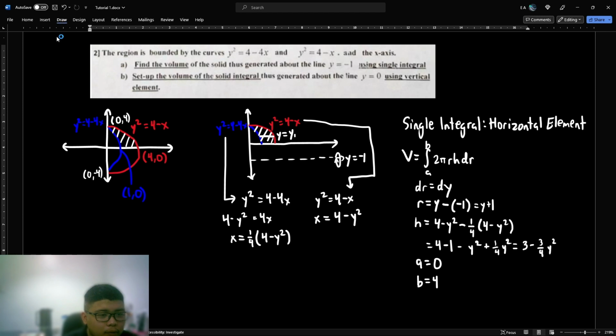It's y equals 2, since it's going to be y squared. Since it's going to be y squared, it should be y equals 2 instead of y equals 4.